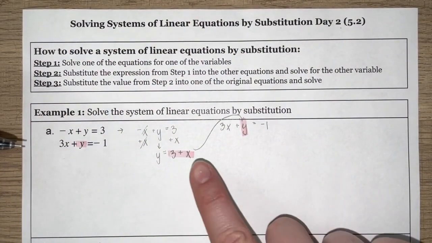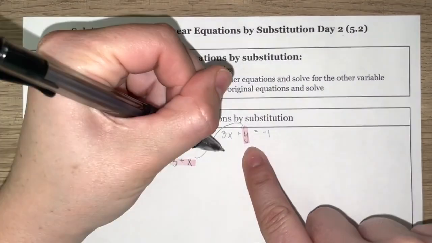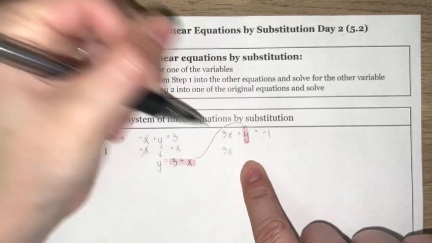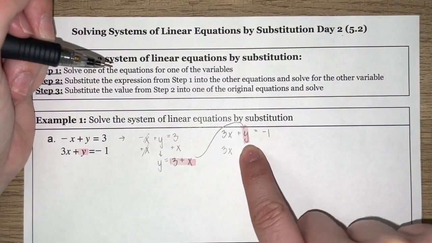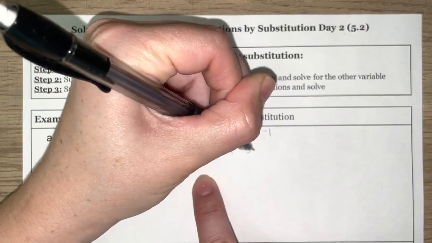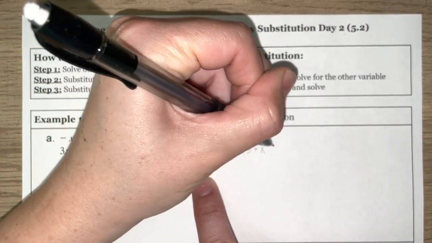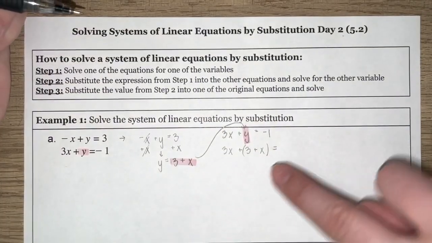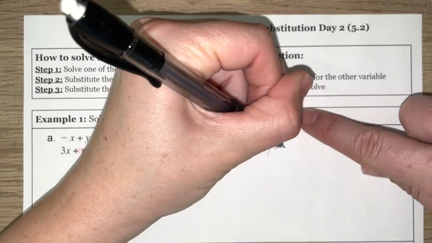So my new equation with the 3 plus x substituted in: I'm going to bring down the 3x, and then instead of plus y, it's going to be plus (3 plus x). And then equals, that negative 1 is still up here.